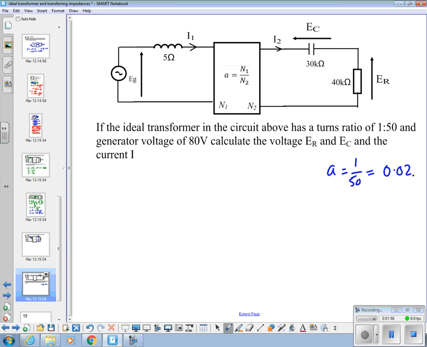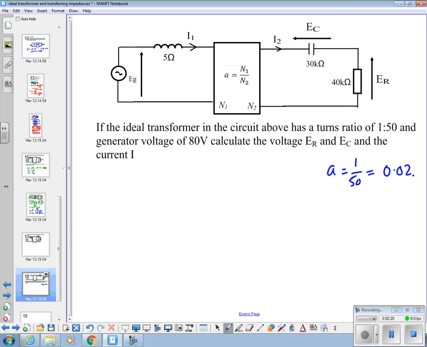Minus 90 degrees. Inductor plus 90 degrees. Or in J terms, this is a negative J term, positive J term. So we've got to shift these two impedances one at a time.